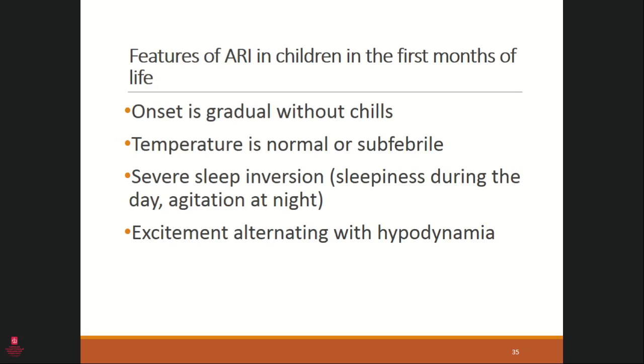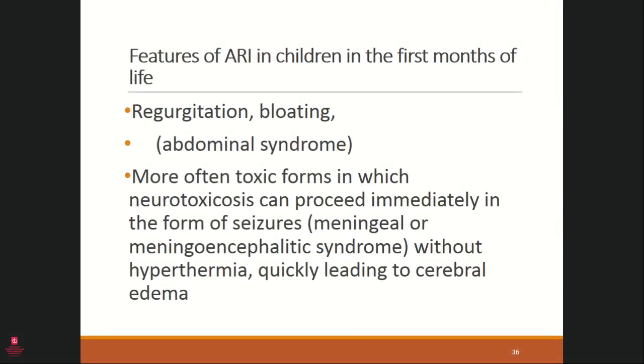There is no cough or runny nose. There may be difficulty in nasal breathing. Often children become restless, sleep poorly, and cry. Digestive disorders often develop: regurgitation, bloating, and loose stools, making diagnosis difficult.